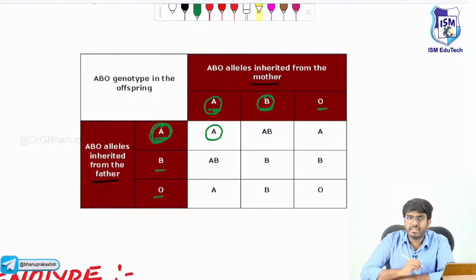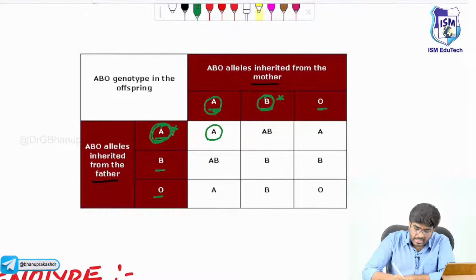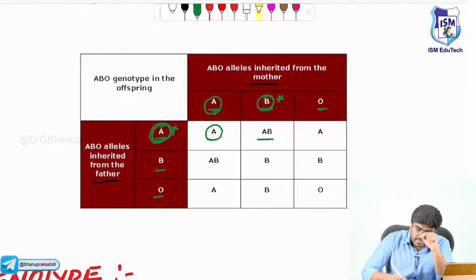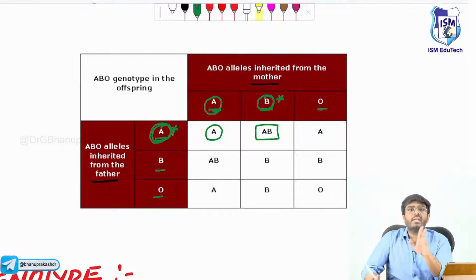What I want to put into your mind is, this A allele and B allele, both are dominant alleles. As both are dominant alleles, the baby has AB blood grouping. It's not A or B, it's both, AB blood grouping.